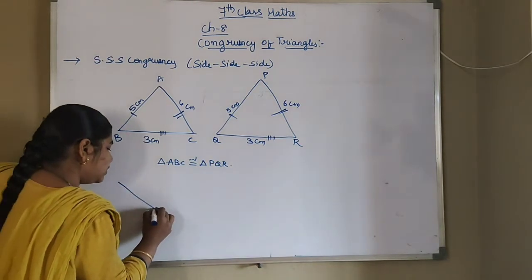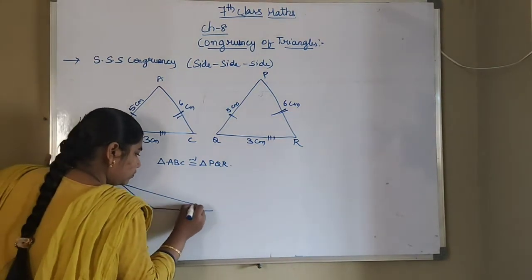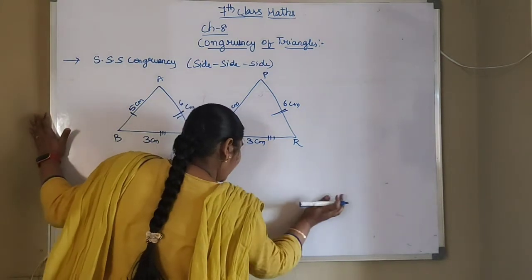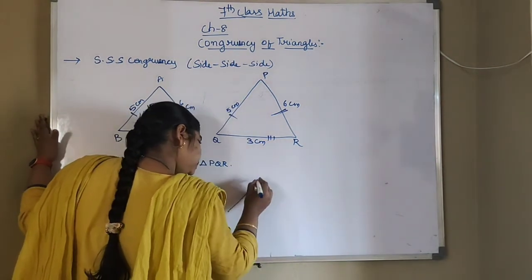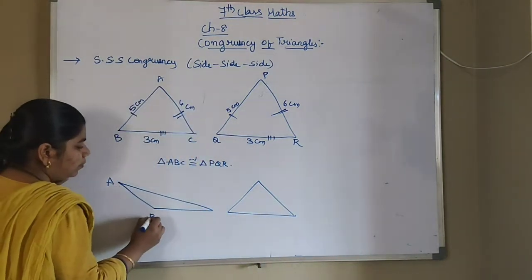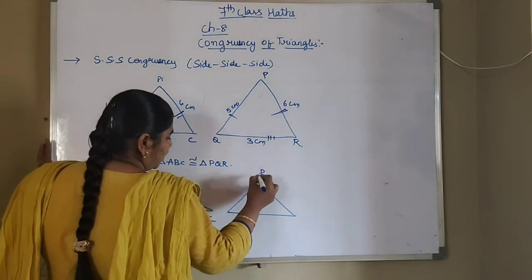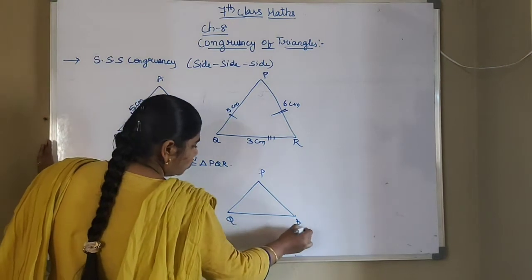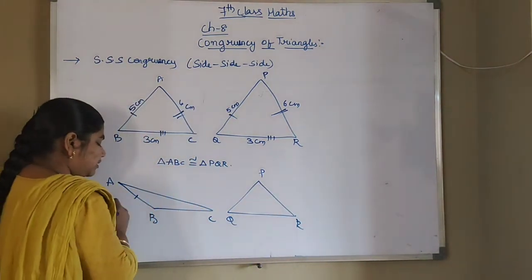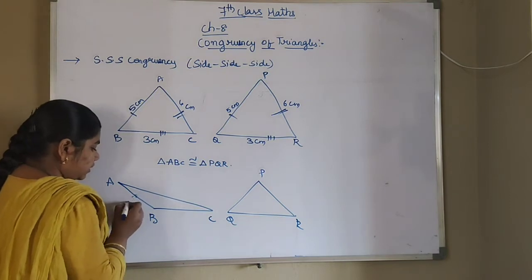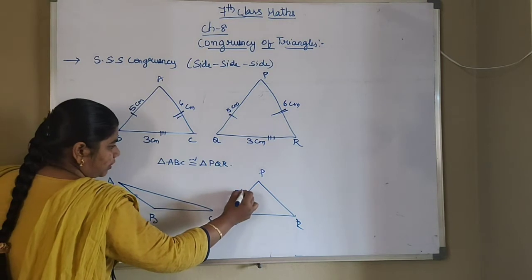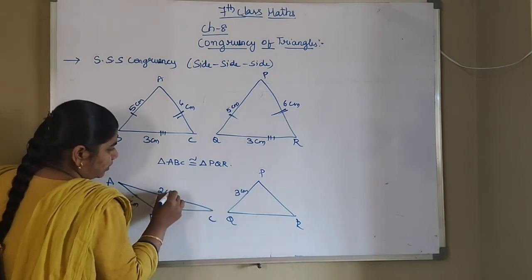Okay, one more example we will take. I am taking one in this form, and another in this form. Here A, B, C, P, Q, R. Now here it is 5 centimeters, here it is 3 centimeters, 2 centimeters.